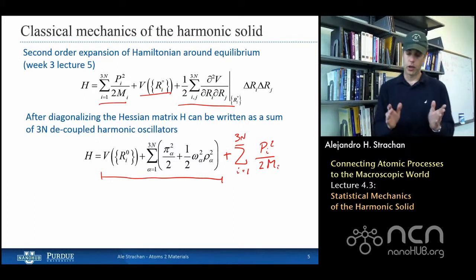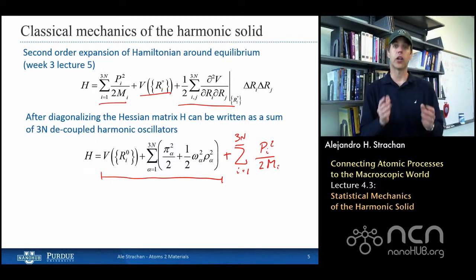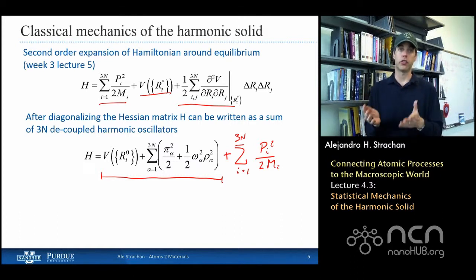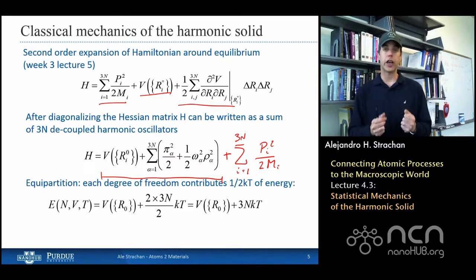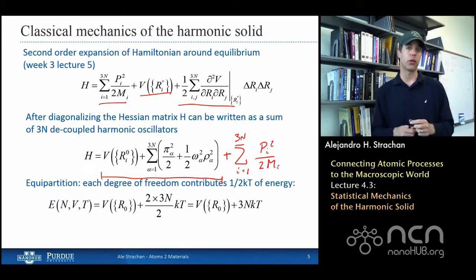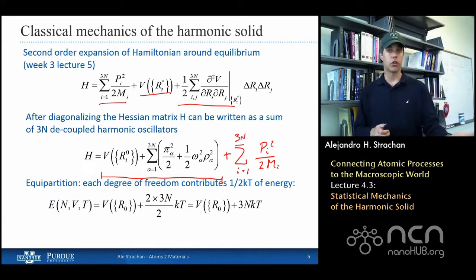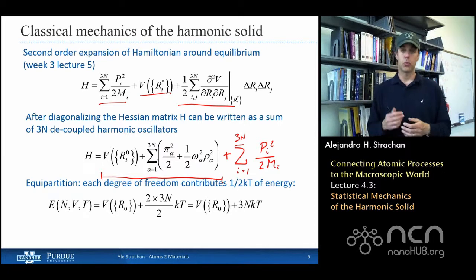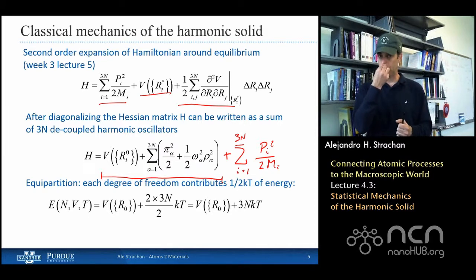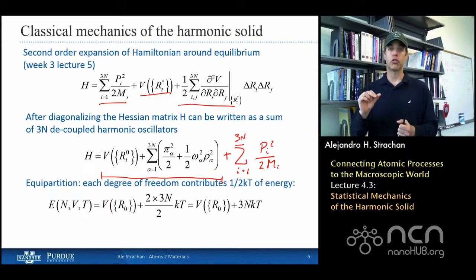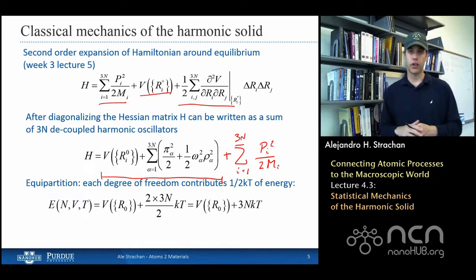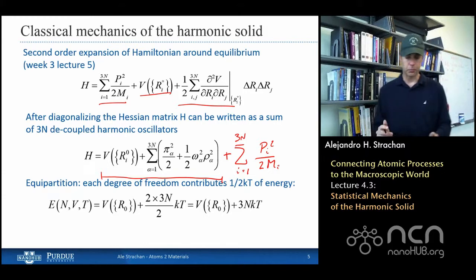So great. The bottom line is I can write the dynamics of my system as a set of 3N independent harmonic oscillators. Now, from the principle of equipartition of energy that we learned in the previous lecture, we know that each degree of freedom that appears squared in the Hamiltonian contributes 1/2 kT of energy to the system.